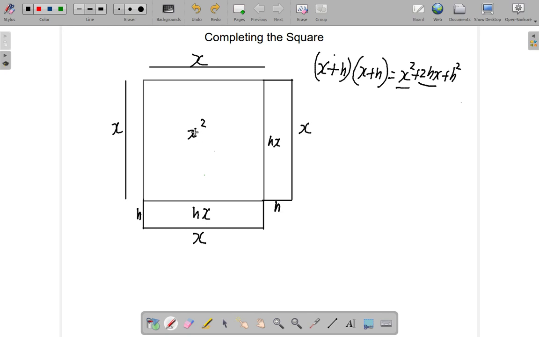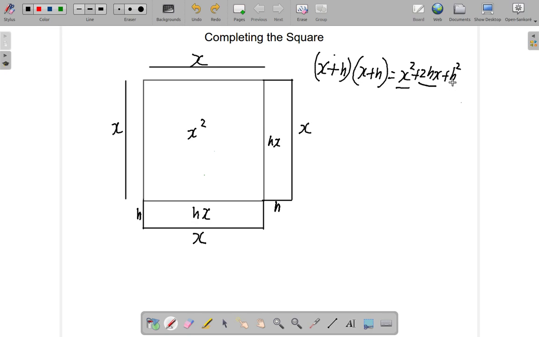So the area of this imperfect square that I have with the little square missing, this empty space, is x squared, which we have here, plus hx plus hx. This hx plus this hx give me 2hx.